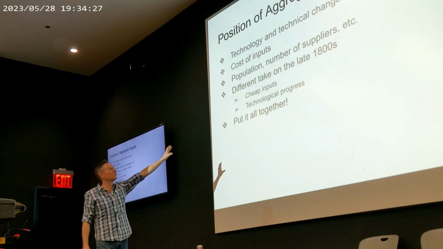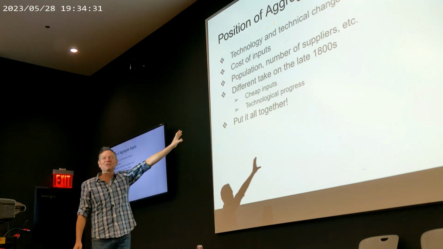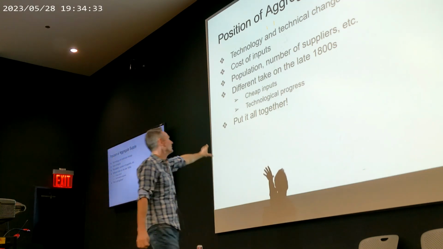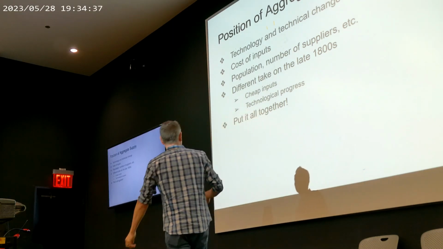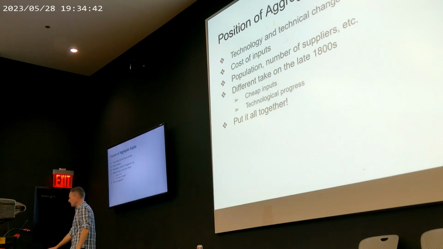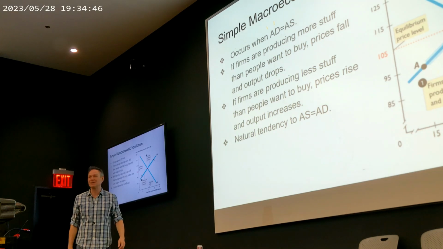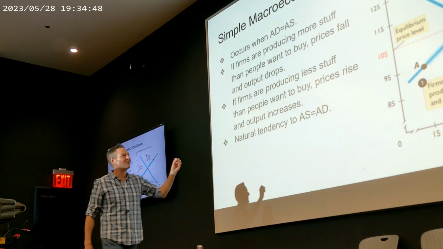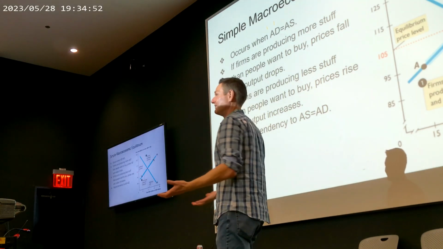And of course, I'll get to this in a second, we might think about the great deflation of the late 1800s just in these terms and see how it works in terms of our supply and demand diagram. But without further ado, we can put it all together and we get something like a macroeconomic equilibrium, and it's just where aggregate demand and aggregate supply intersect, right?